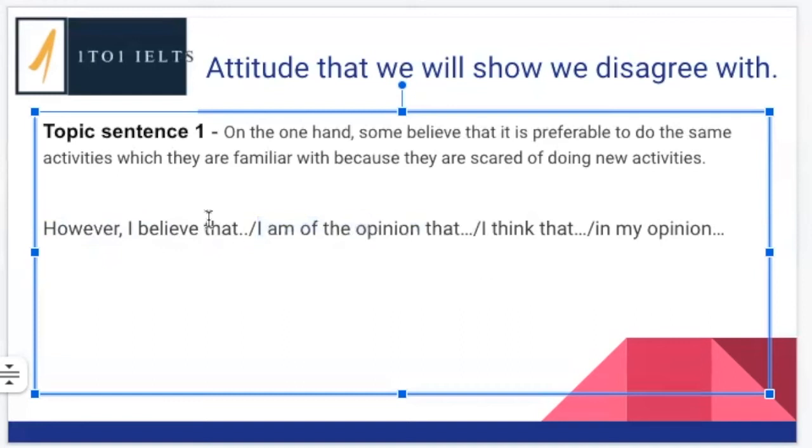So some believe it's preferable to do the same activities which they're familiar with because they're scared of doing new activities. So this is not us. We've decided that this is an attitude that we disagree with. This is not our attitude.